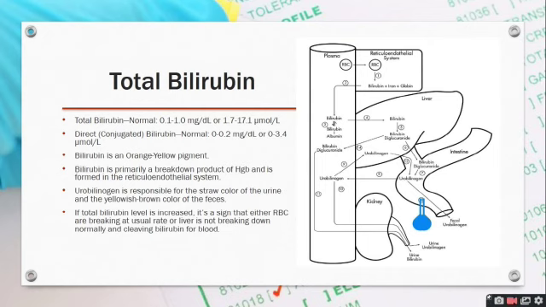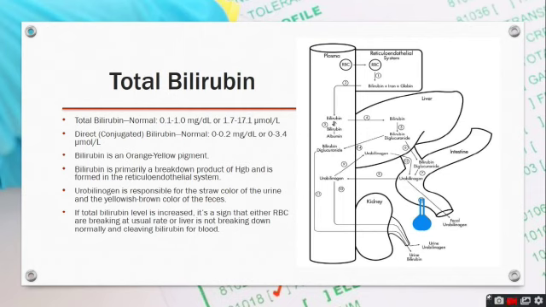Then in the third step, it is bound completely to serum albumin. In the fourth step, it arrives at the sinusoidal surface of the liver cell, and the free fraction is rapidly taken up into the cell. As a result, in step 5, it is converted into bilirubin diglucuronide.